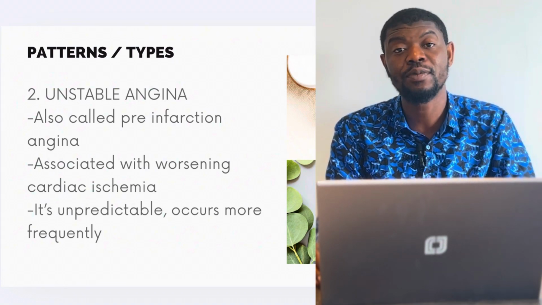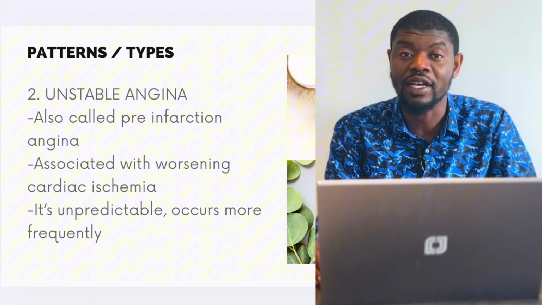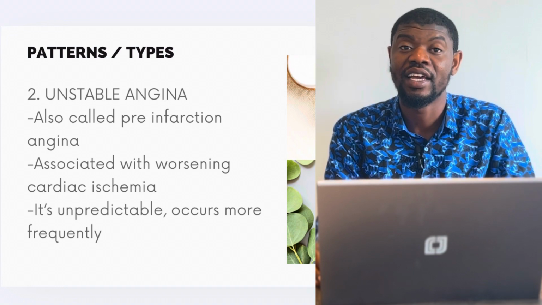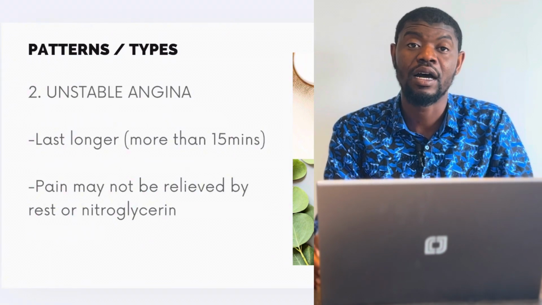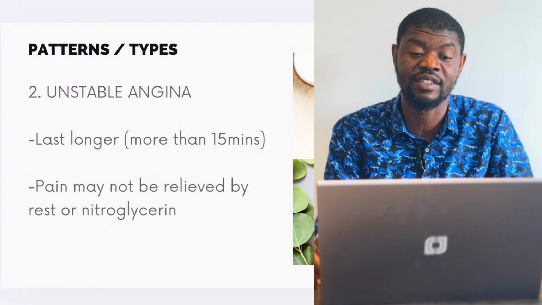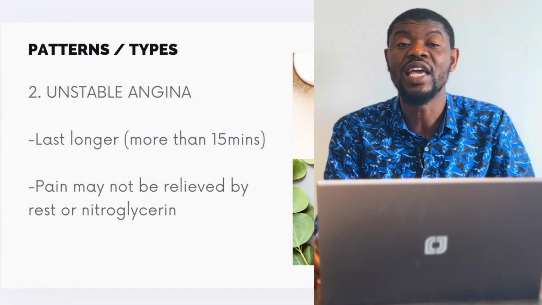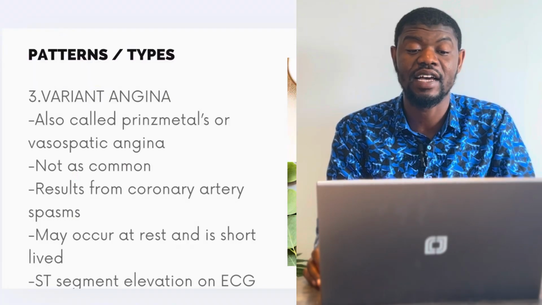But with unstable angina, it can usually come when you are still resting, unlike the stable one that only comes when you're having some form of physical or emotional exertion. Now, with unstable angina, it usually lasts for more than 50 minutes, and the pain may not be relieved by rest or nitroglycerin.